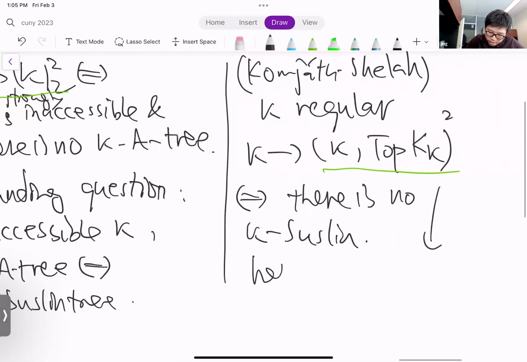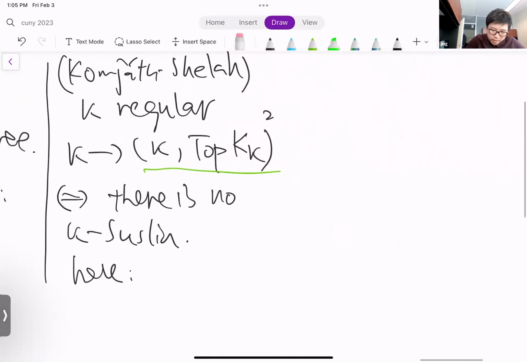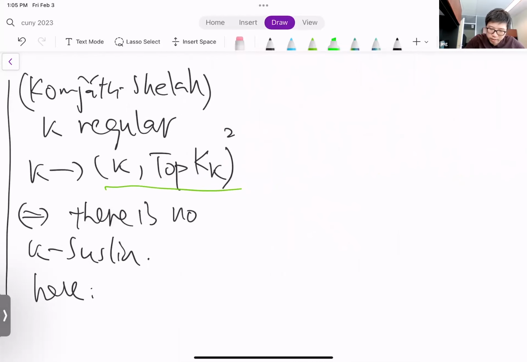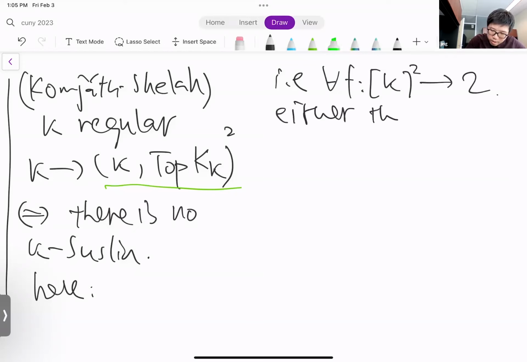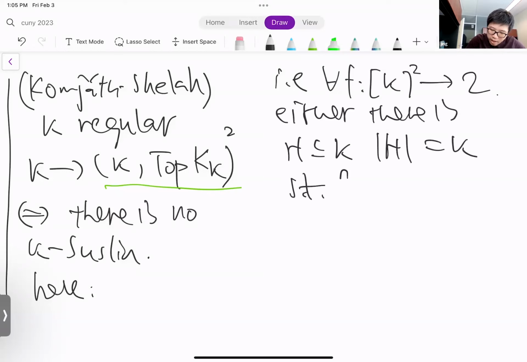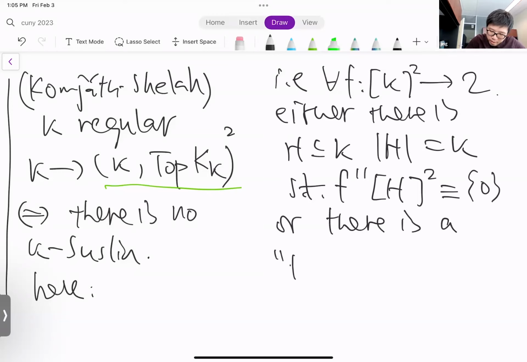Here it says that for any f coloring pairs of kappa into two colors, either there is H a subset of kappa of size kappa such that f is monochromatically 0 on the set, or there is a topological copy of K_kappa,kappa of color 1.